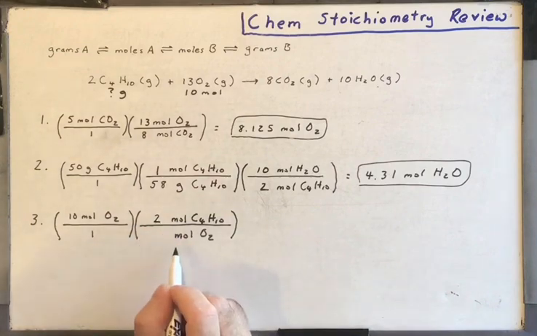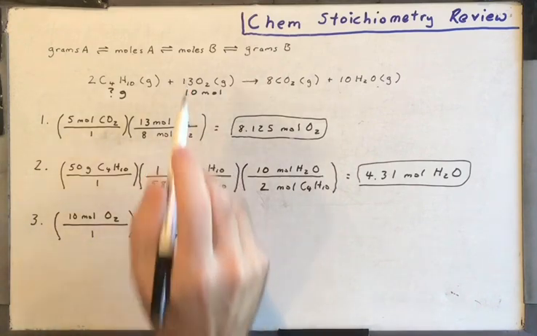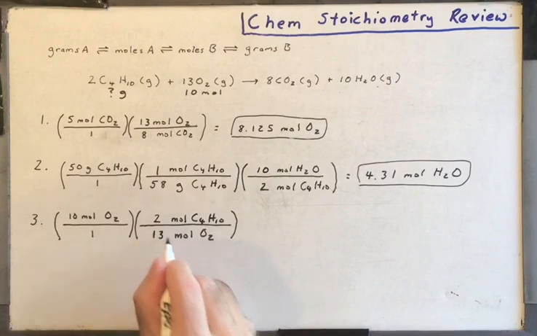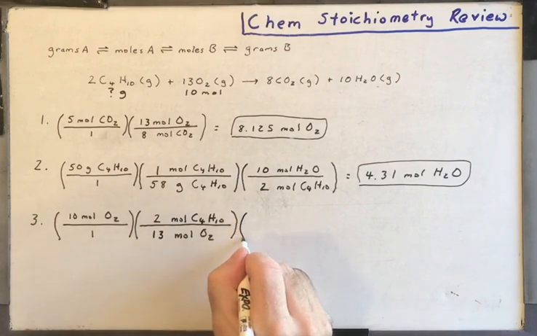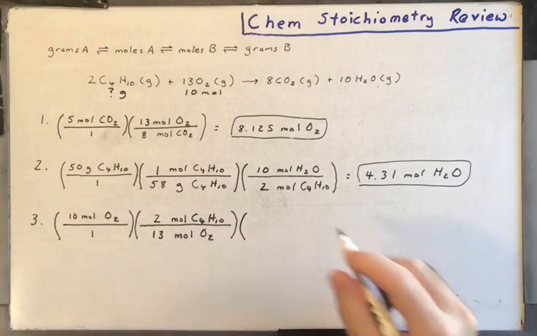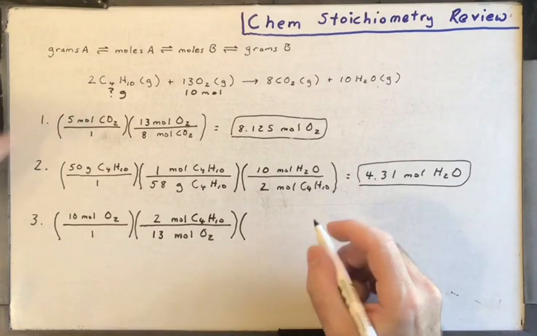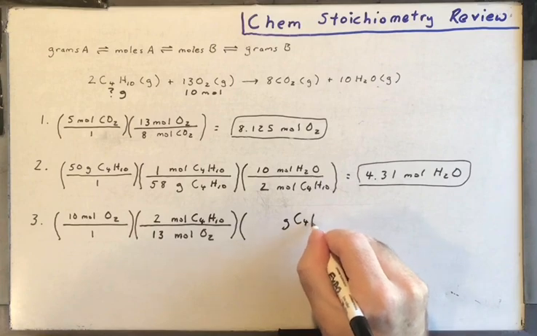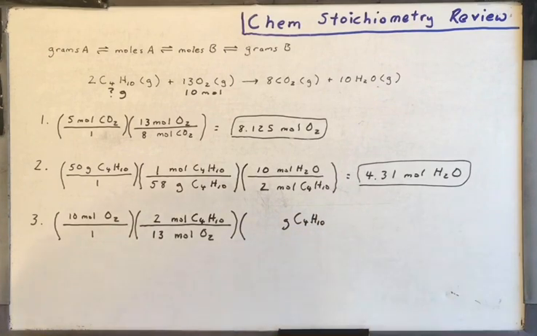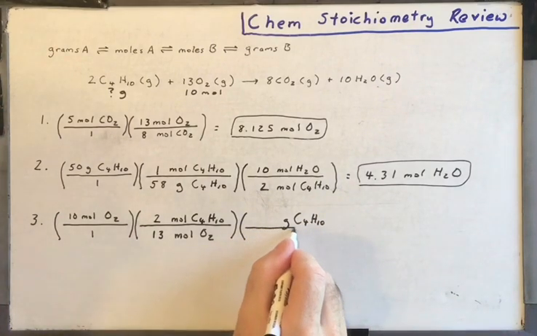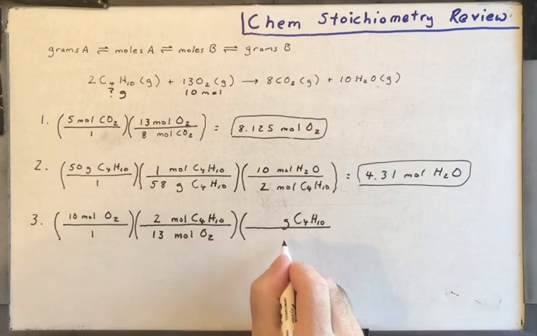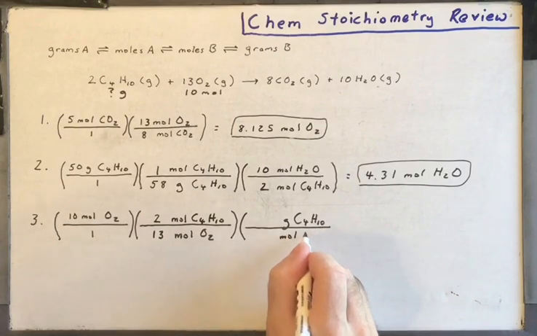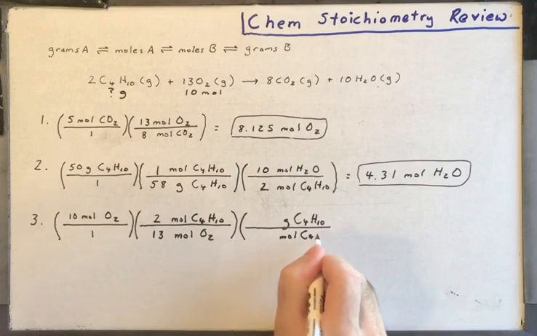The coefficient in front of O2 is 13. And then finally, we want to answer the question, grams of C4H10. So let's put that on top. We're going to get rid of moles of C4H10 because that's where we're at in the problem.